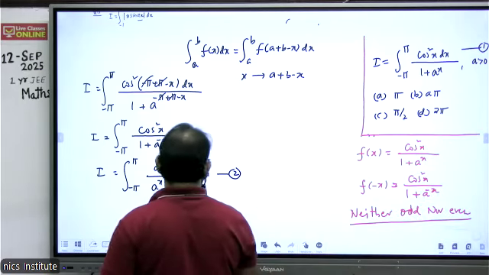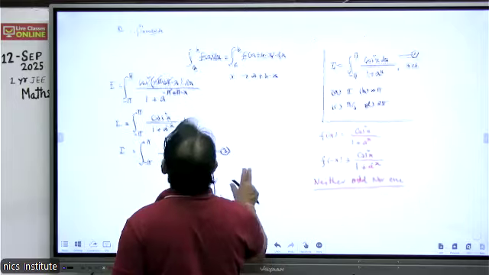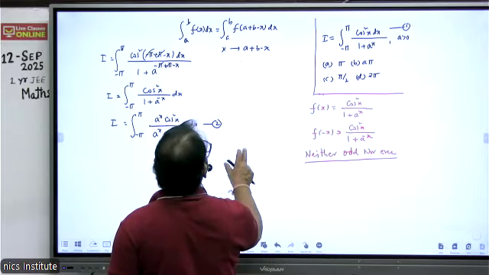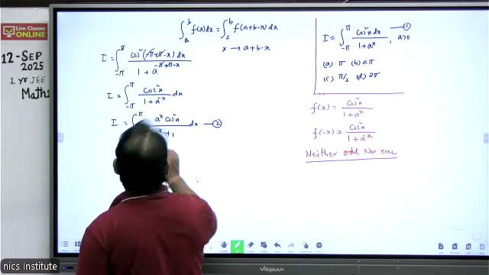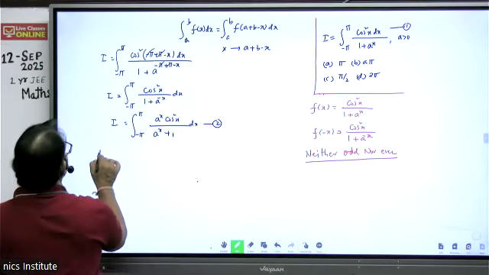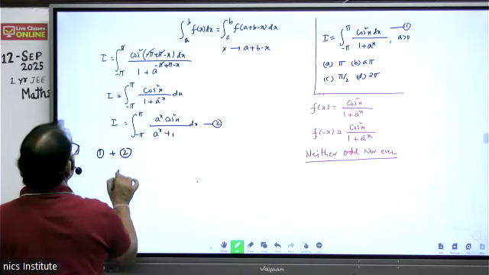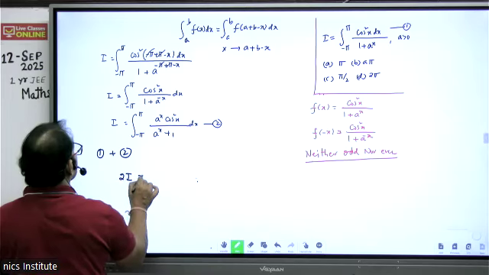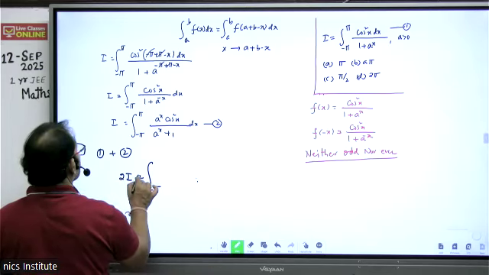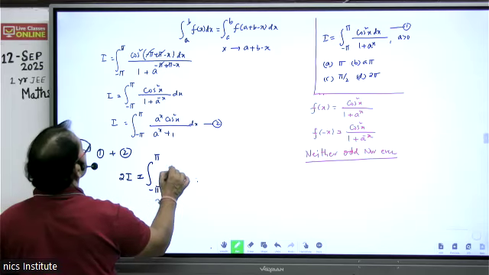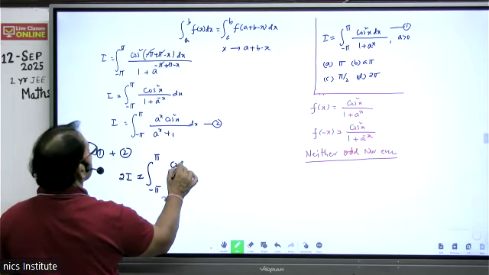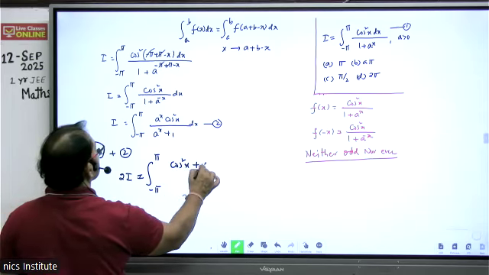After this, you can basically add 1 and 2 because they have the same limit and same denominator.